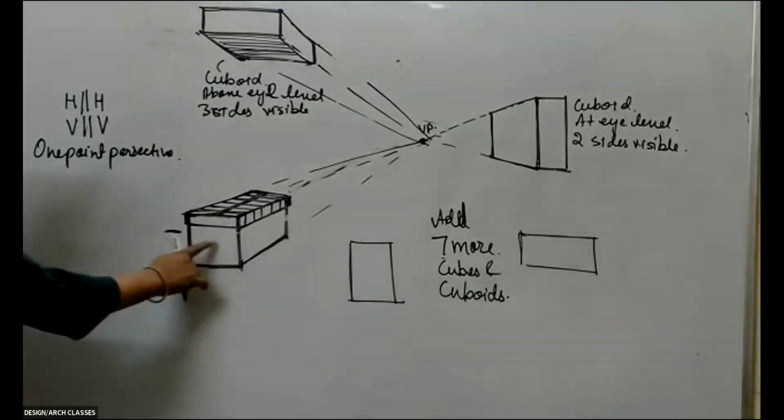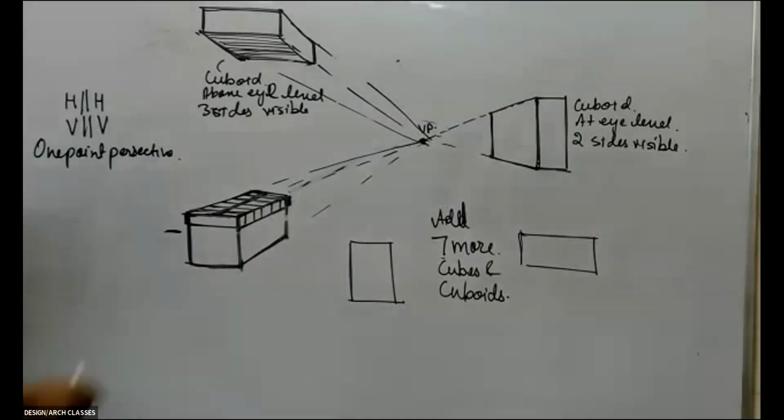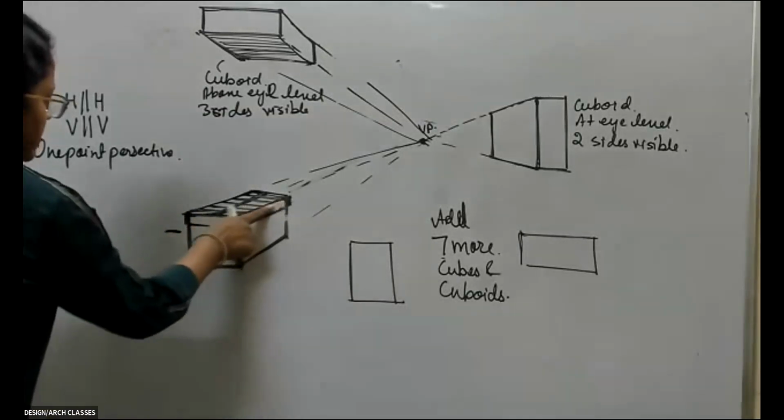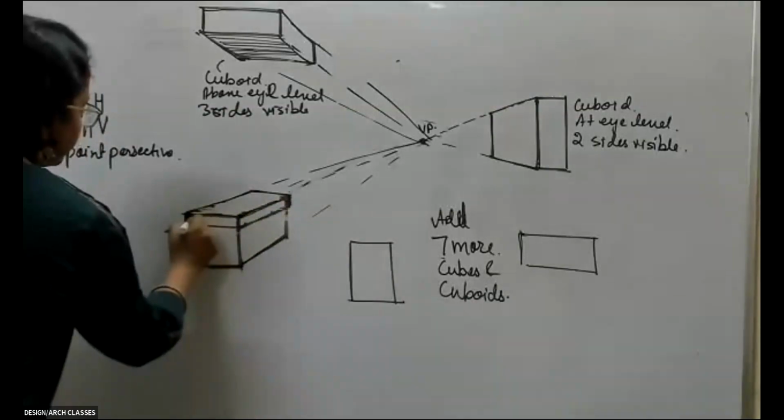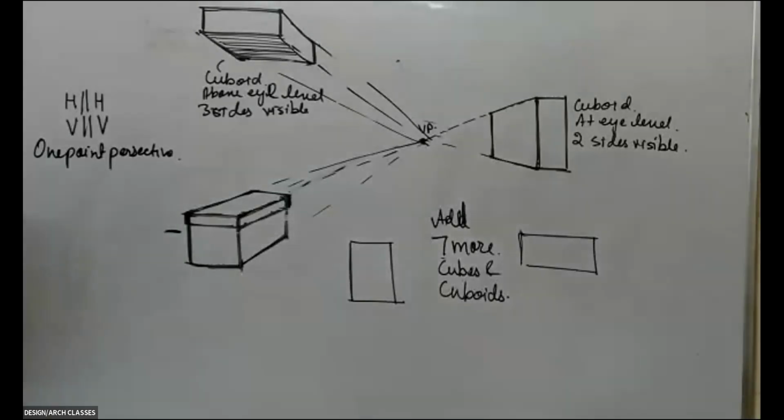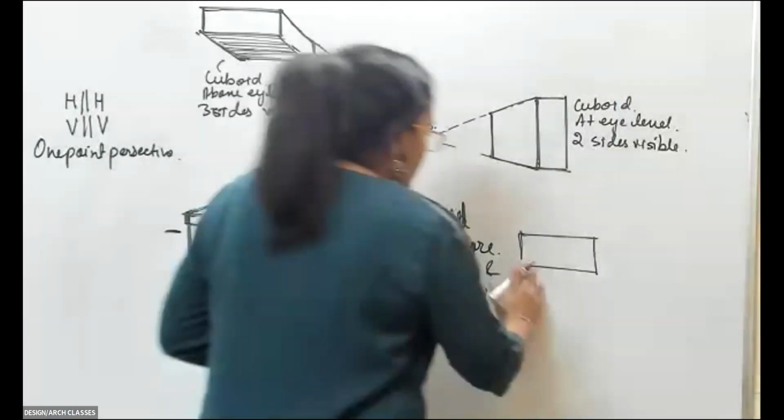Class. Am I audible? Yes, ma'am. Okay, let me erase this too. Now tell me, what do you think I have done? Ma'am, a cardboard box. Yes, a cardboard box. Now see next, what am I doing?